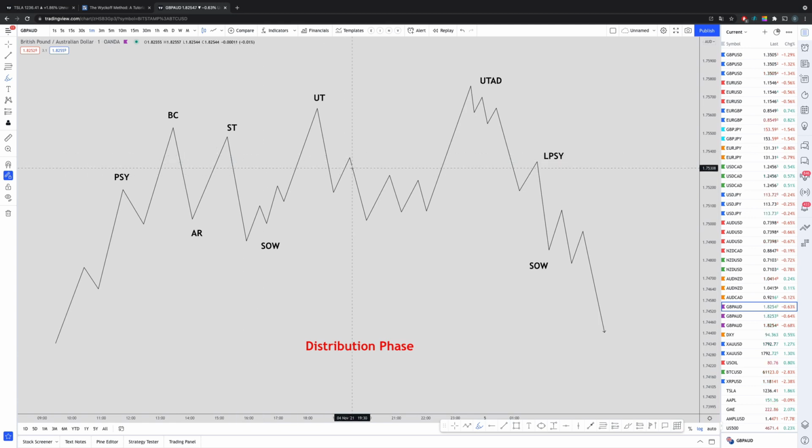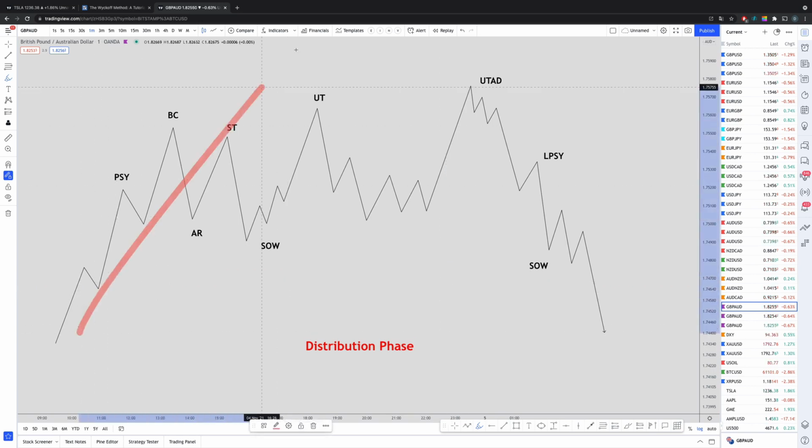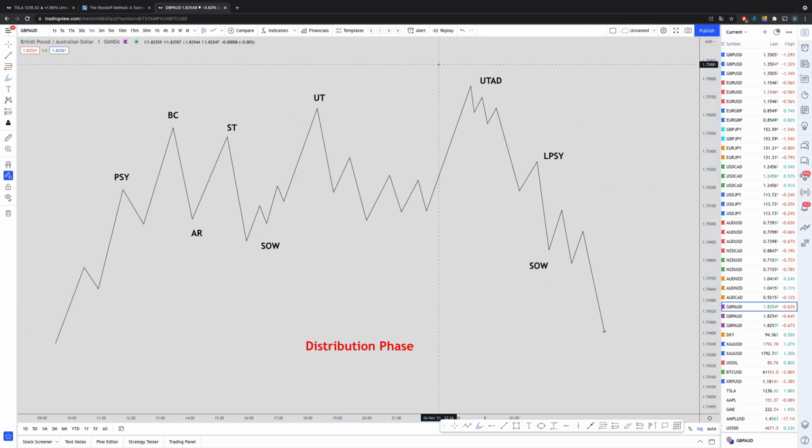Sometimes their distribution phases will fail. Why? Because another institution will come and just boom, push through their distribution phase. This is why hedge funds and institutions can make big losses as well if they are doing something wrong. But everything changes from time to time.